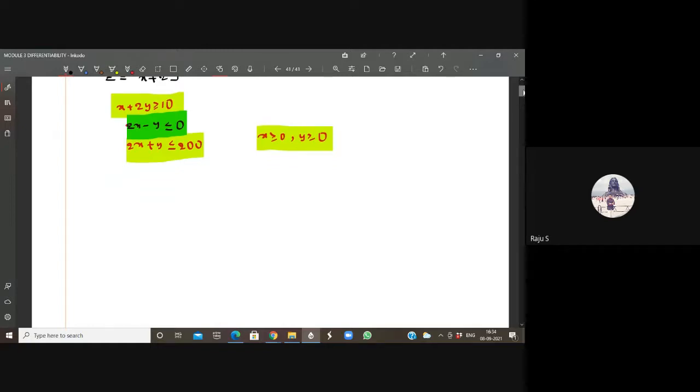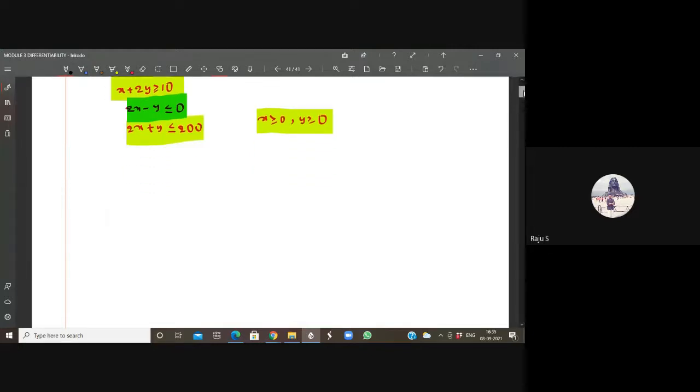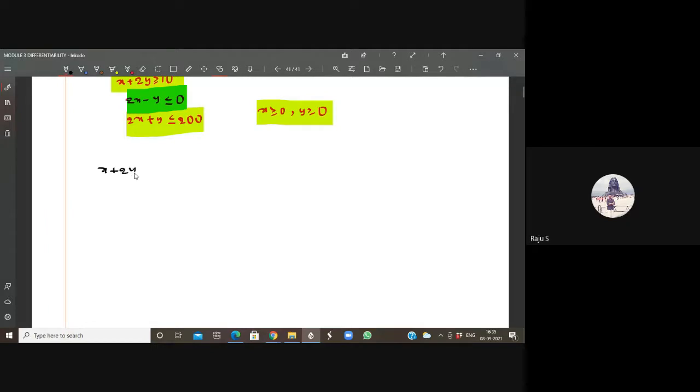First, with the help of the given constraints, we can draw the graph in the first quadrant, the feasible region in the first quadrant, because x greater than or equal to 0, y greater than or equal to 0. As we have done, first I'm going to take x plus 2y is equal to 100, and 2x minus y is equal to 0. And for the third inequality, 2x plus y is equal to 200.